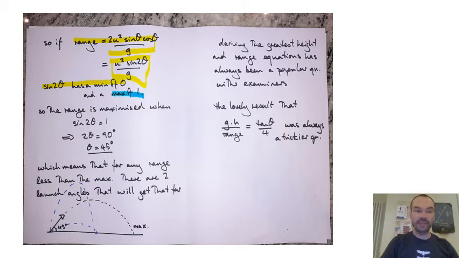So the range is maximized when sine 2 theta is maximized. That's when 2 theta is 90, which means theta is 45. Which hopefully is a result either you knew or thought should be true, that if you fire something off at an angle, it travels the furthest if it's launched at 45 degrees to the horizontal, if we ignore air resistance.